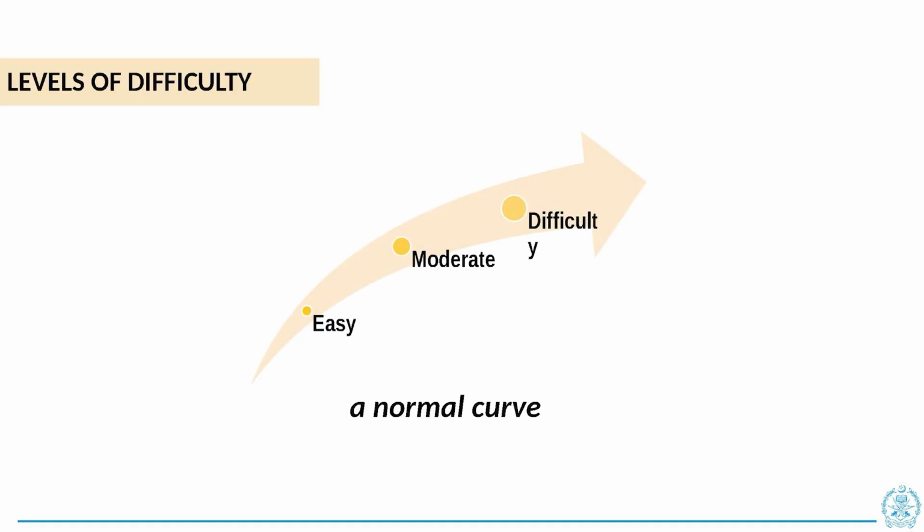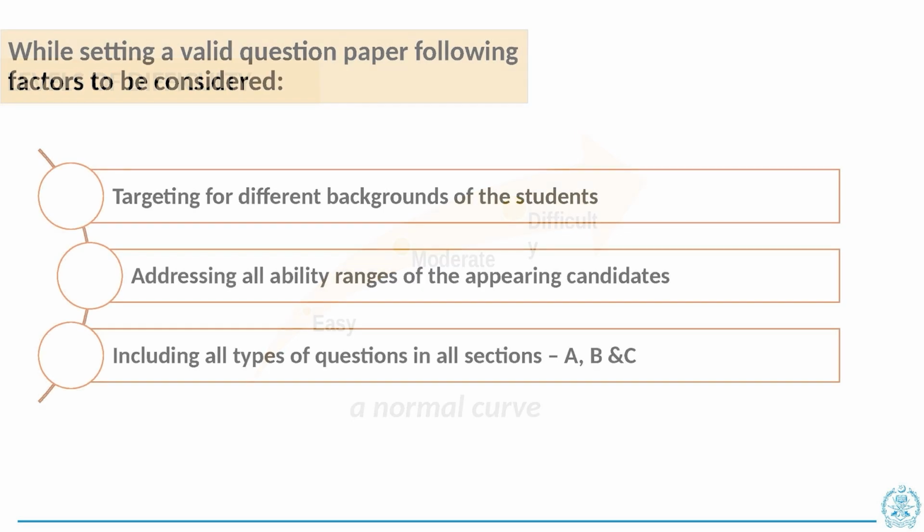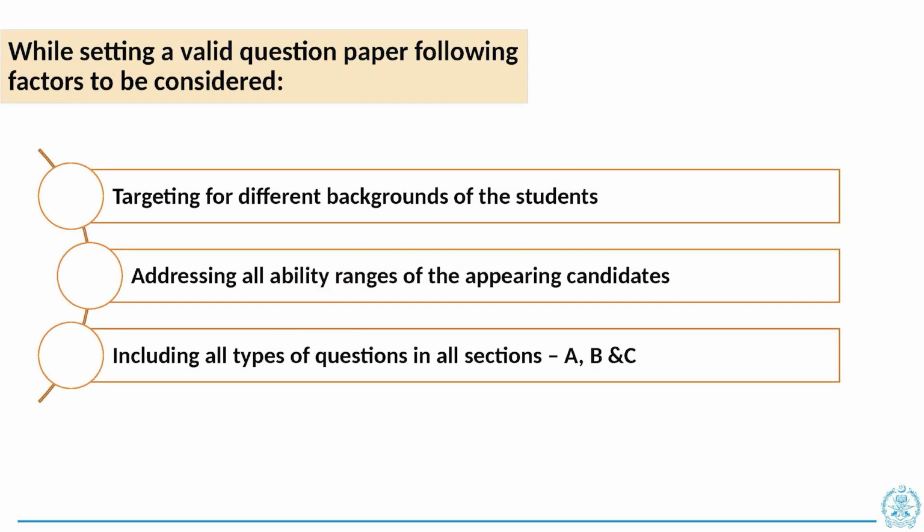All types of questions, such as easy, moderate, and difficult, appear in all sections of the question paper. The matching of learning outcomes with certain item types provides a high degree of test validity, testing what is supposed to be tested. This practice helps in setting a valid question paper as well as facilitates different backgrounds and all ability ranges of the appearing candidates.